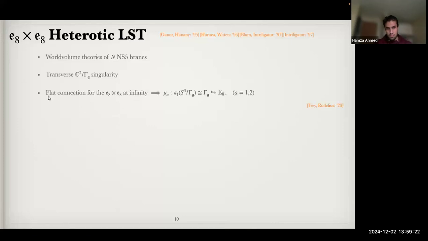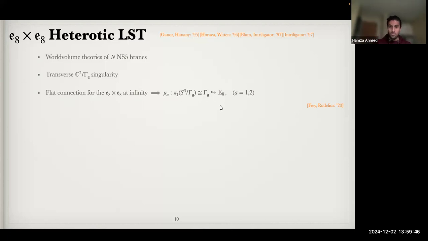And finally, there's this choice. You have additionally a choice for the flat connection for the E8 times E8 bundle at the boundaries of this C2 mod Gamma G space. In particular, this choice is encoded in a group homomorphism, from the fundamental group into the E8.